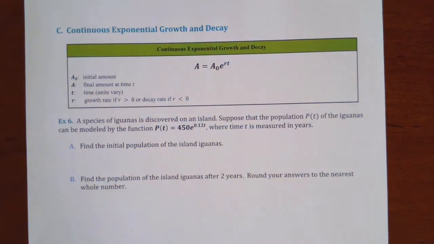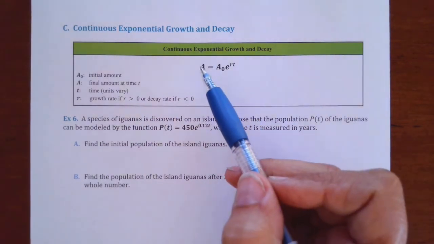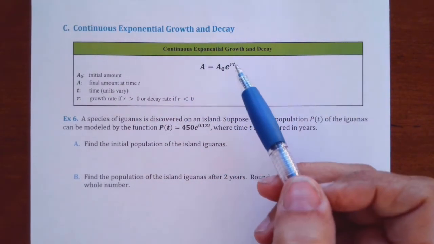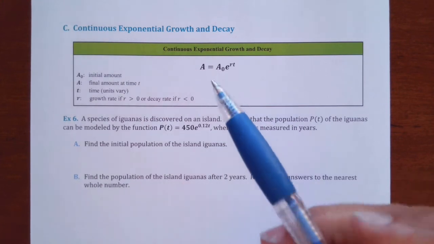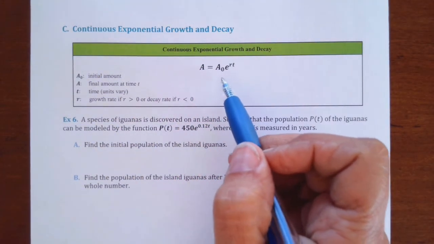All right, the last thing is to do other problems that are growth and decay that are not money problems. We're now going to look at this formula, continuous exponential growth and decay. I want you to notice that it is still PERT.